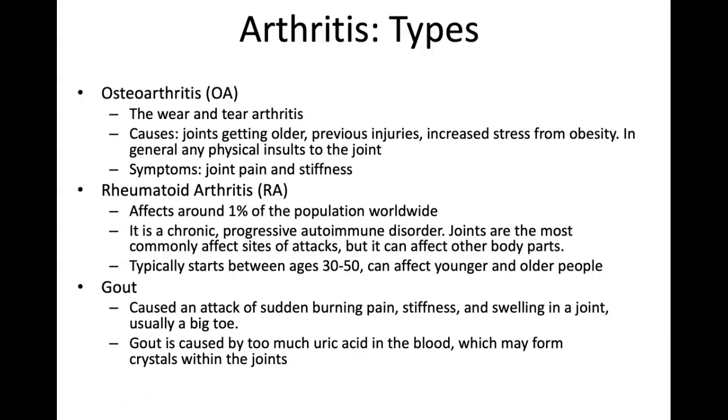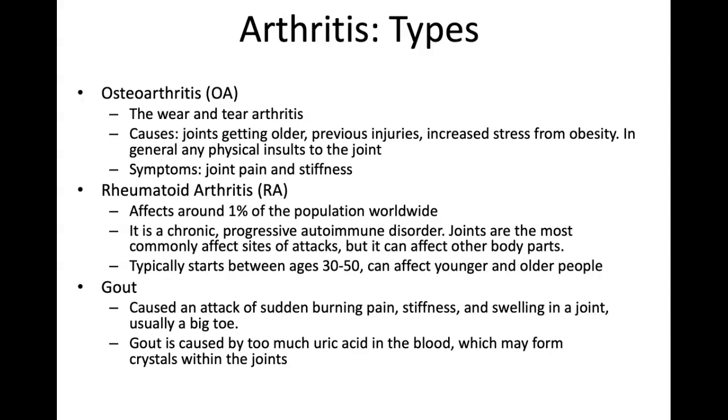Rheumatoid arthritis affects quite a few people around the world. This is an autoimmune disorder, and this generally starts with younger people, around age 30. It can affect older people, but this is a really bad one for people that get rheumatoid arthritis.